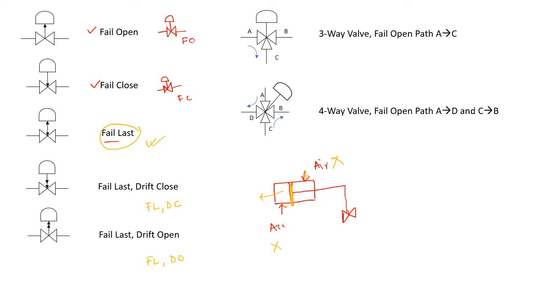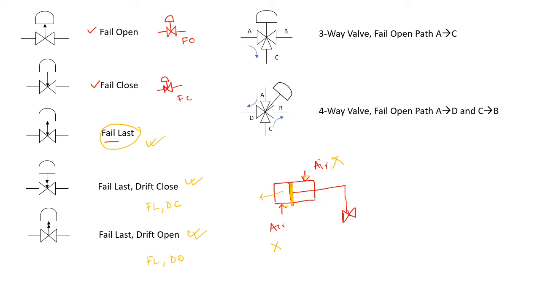In the other normal situation, the valve normally fails at the last position, but it slowly drifts into either the close or open position. What I mean to say here is the valve can be designed in all these ways, either by the construction or design of the actuator itself, or you can add additional accessories to make a valve fail close, fail open, fail last, drift close, or drift open.